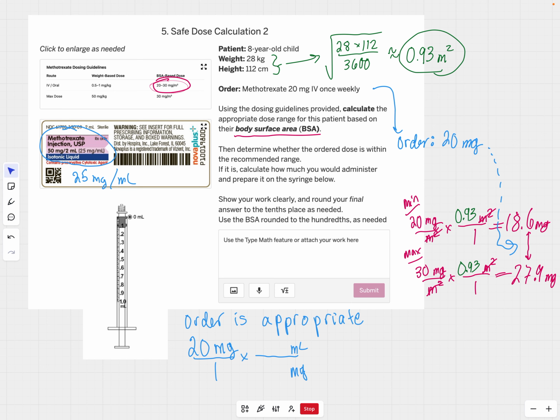In this problem, 1 milliliter of fluid contains 25 milligrams, and that came from the label. Yes, you could also use 50 milligrams in 2 milliliters. Now when we use our dimensional analysis, we have 0.8, and the unit is milliliters. So I would fill this syringe to 0.8 milliliters.